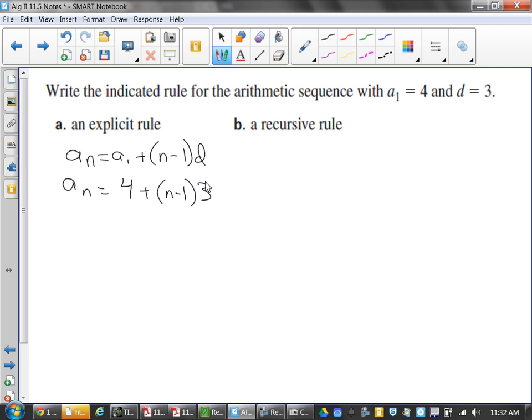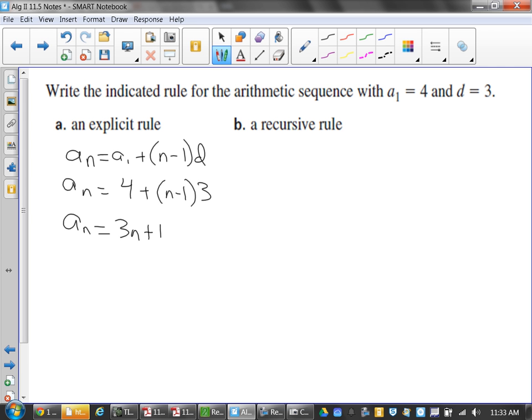Now what do we do? Distribute and simplify. Do you agree? You get your nth rule, it would be 3n plus 1. That's your explicit rule.